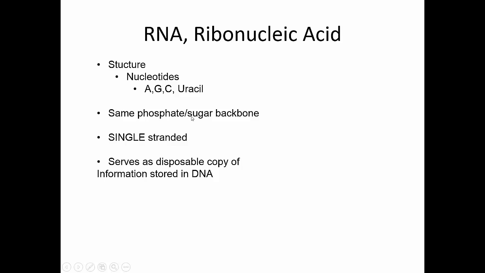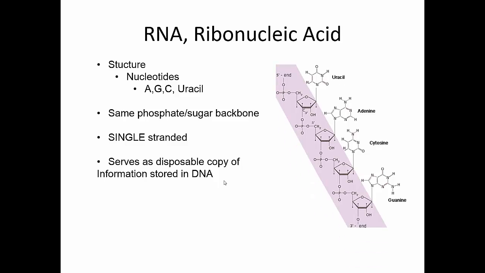The sugar-phosphate backbone is the same, with the exception that it's a different sugar. The big difference between the two is that RNA is single-stranded. And what RNA does is serve, as it says here, as a disposable copy of the information that's stored in the DNA. So after an RNA is shipped out to the cytoplasm and used to make a protein, it can be degraded and thrown away.